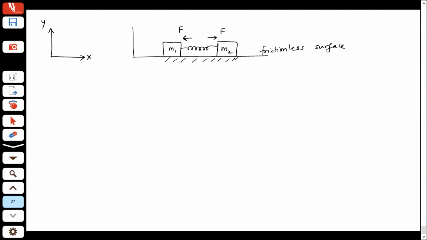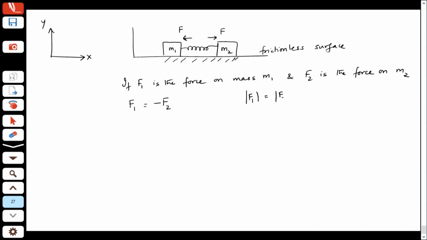So, let us say F1 is the force on mass M1, and F2 is the force on M2, then I have F1 equal to minus F2, and the magnitude of F1 equal to the magnitude of F2 equal to F. So, I have F1 plus F2 equal to 0.